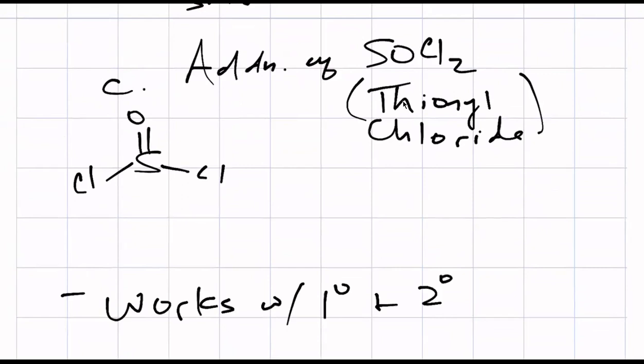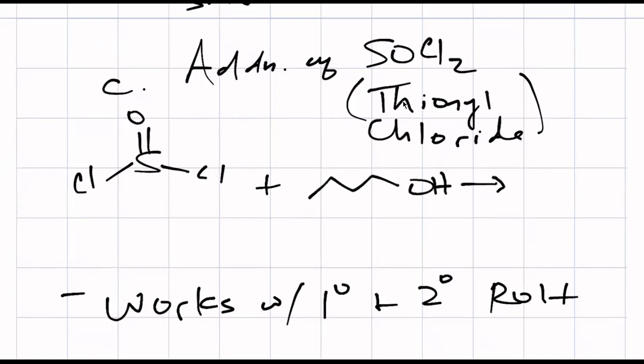It also works with secondary, but I'll just show the example with a primary. Again, all of these are substitutions where you swap out the alcohol with a halogen. And the source of the halogen is the thionyl chloride. Let me change that highlight color over here.